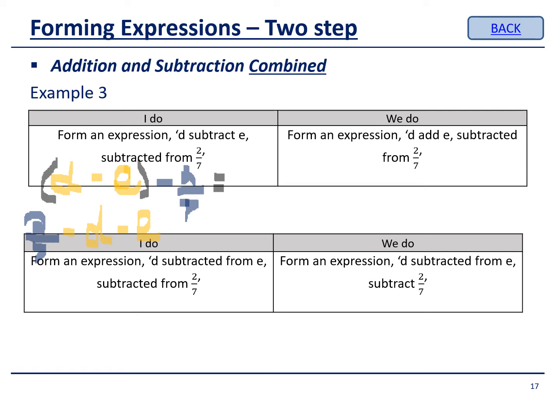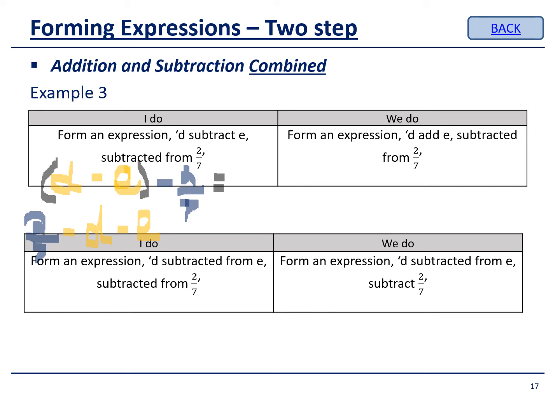In the top part, I've put brackets around D subtract E, because as we read it, form an expression D subtract E comes first, and then subtracted from 2/7. But underneath on the bottom row, it's subtracted from 2/7, so 2/7 has to come first, then subtract D, and then subtract E, and that would be your expression.